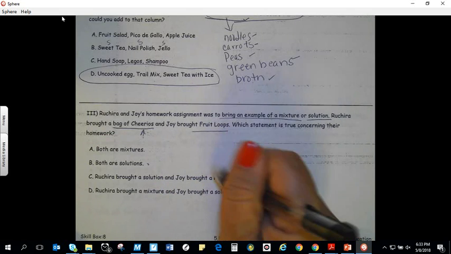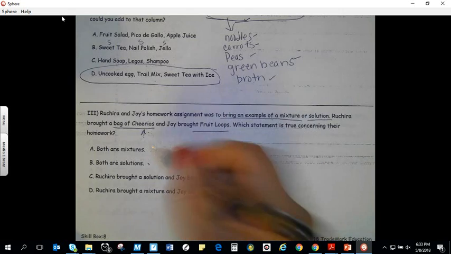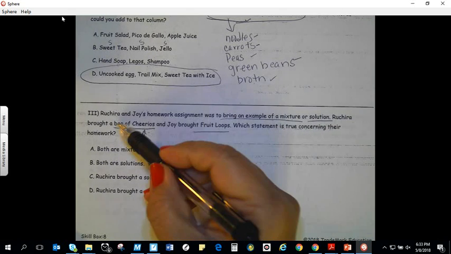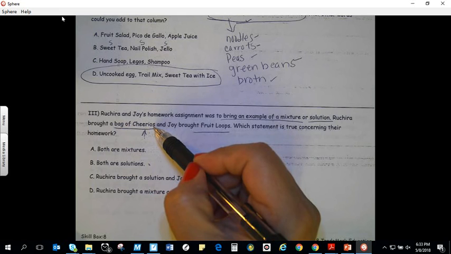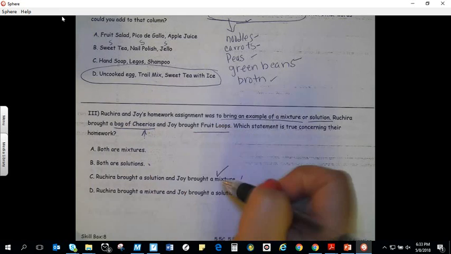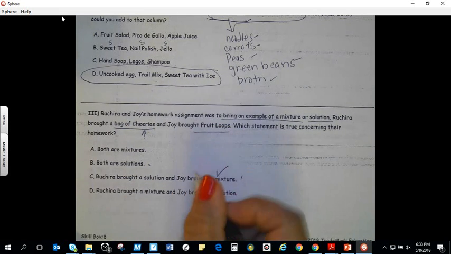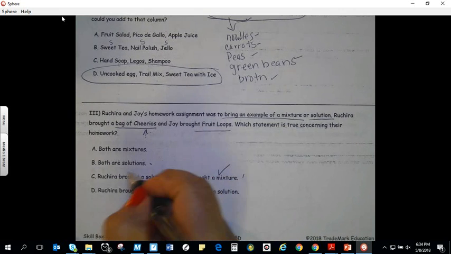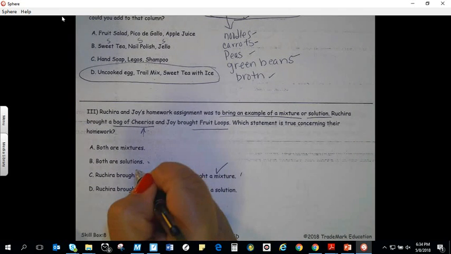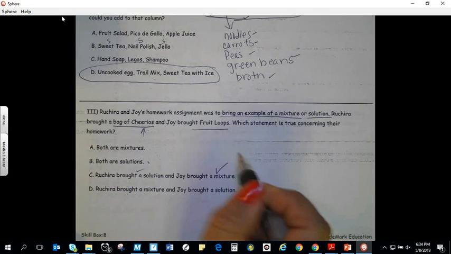Joy did bring a mixture, and I'm wondering, was it that Ruchita brought a bag of Cheerios? I'm not quite understanding that, because it's a little bit confusing, and I need to check with the author on this one. The answer given is that Ruchita brought a solution and Joy brought a mixture.